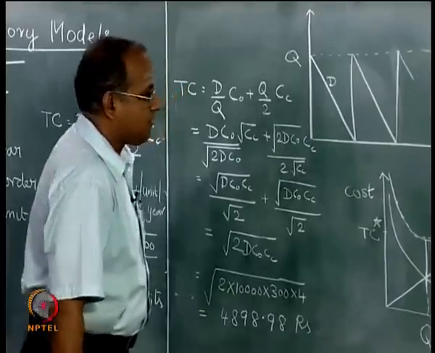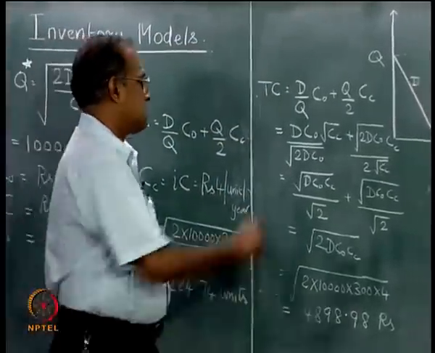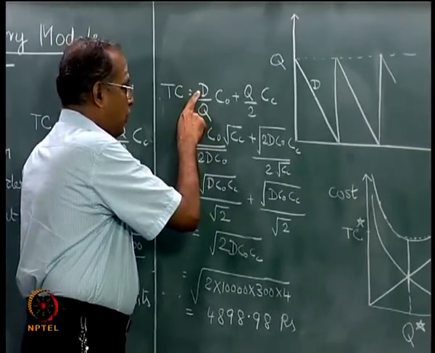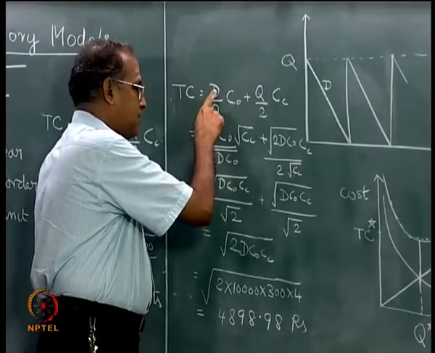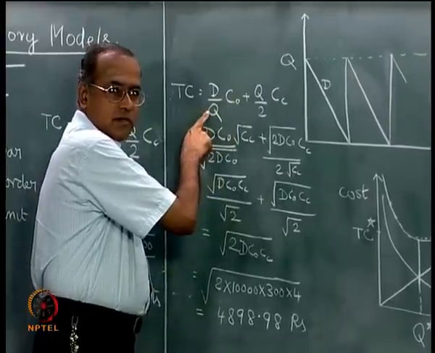Now, if the vendor would give us only 4000, then it becomes 10,000 into 300 divided by 4000.